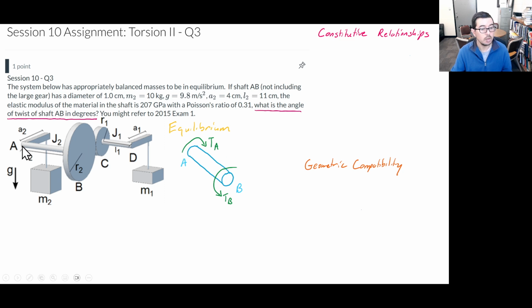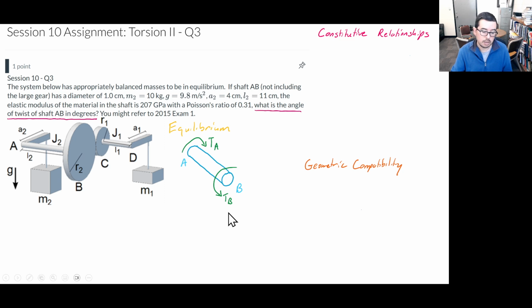We don't have to follow a convention when we apply external torques or loads to a system. And TB, we'll say, is probably doing the opposite.